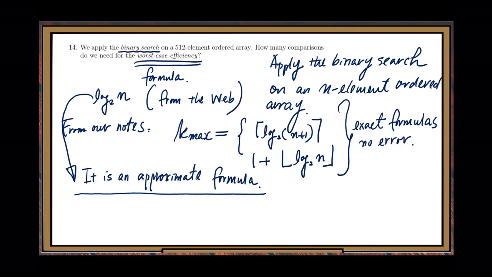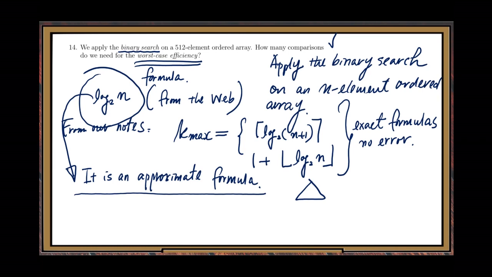To answer this question, you need to apply our exact formulas. One of the two, either one is fine. They both should give the same answer. So what's the difference? First, you can see this one may not be an integer, right? If n is not a power of 2, it may not be an integer.